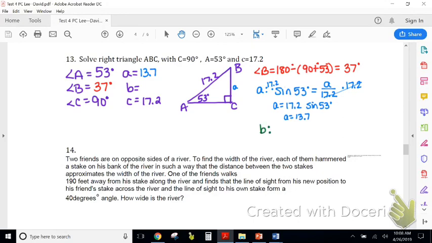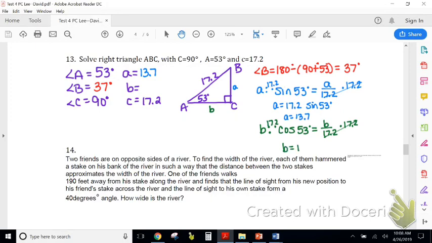How can we find side B? Well, side B is across from angle B. What is that side to my 53 degrees? Adjacent. And you already told me they gave me hypotenuse. So if I'm looking for adjacent, I know hypotenuse, what trig function is that? Cosine. Cosine of 53 degrees equals our adjacent, which is B, over our hypotenuse, which is 17.2. So multiply by the 17.2 on both sides.